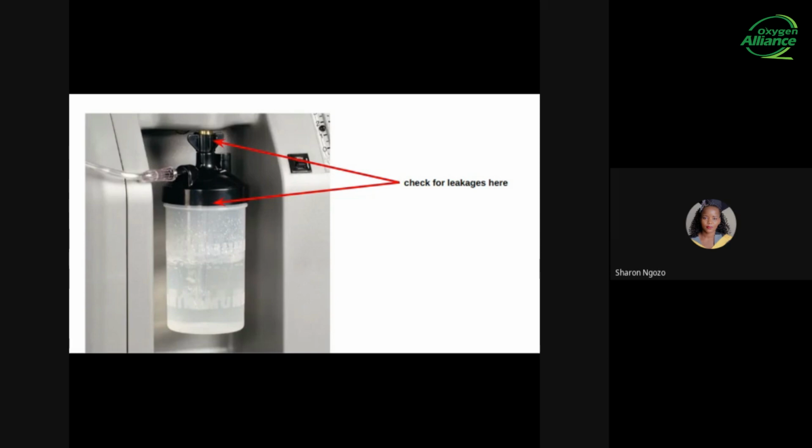Some other things to note when a concentrator is in use: make sure the concentrator is at least 2 feet from the wall and other obstructing objects. We have to remember that the concentrator has a compressor which runs without stopping, compressing the air.